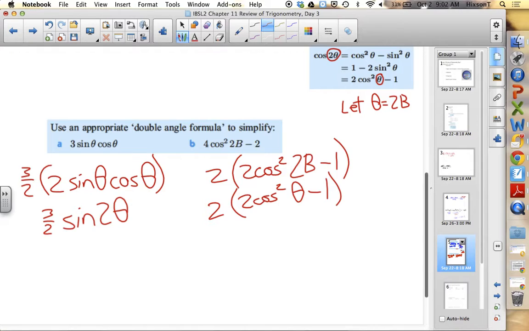According to this, that equals cosine of 2 theta. So now let's put the 2b back in. 2 cosine of 2 times 2b is 2 cosine of 4b.